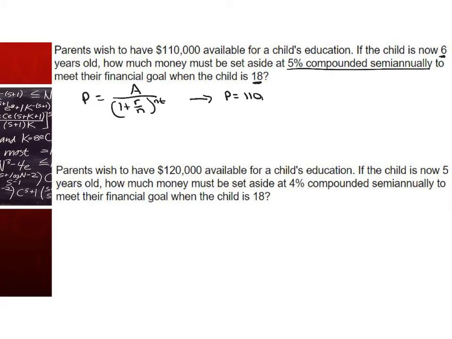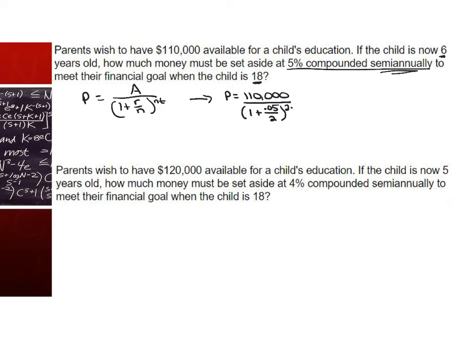We have $110,000 over 1 plus interest rate, which becomes 0.05, over N. Compounded semi-annually, so N is 2, to the 2 times T power.